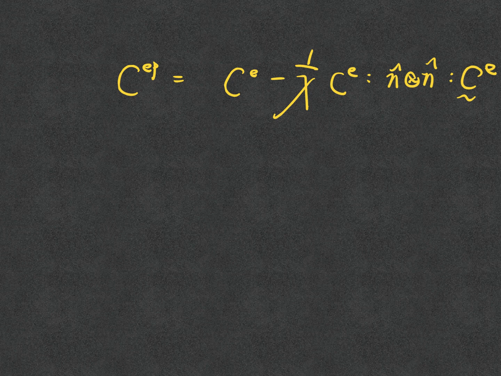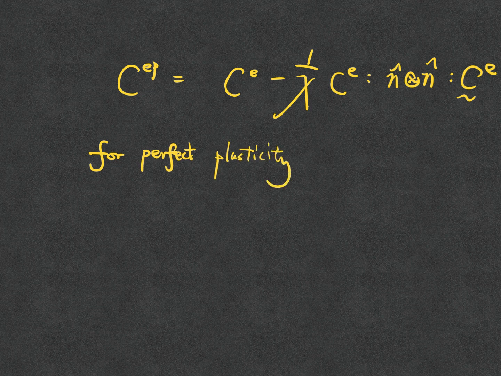For perfect plasticity, as we talked about in the previous lecture, if the plasticity is perfect, which means that the yield surface doesn't evolve, then x equals n double dot C^E double dot n.